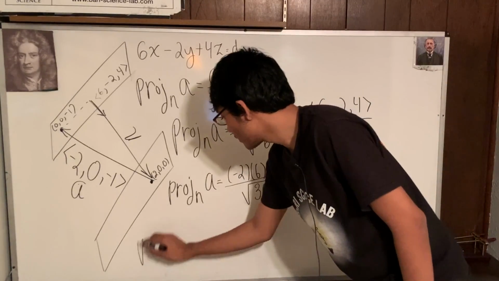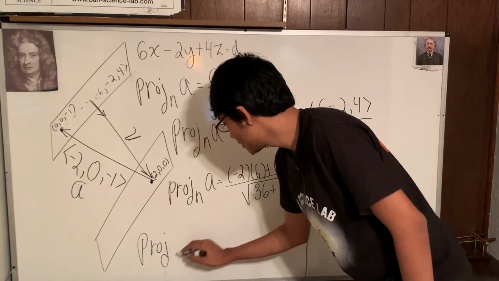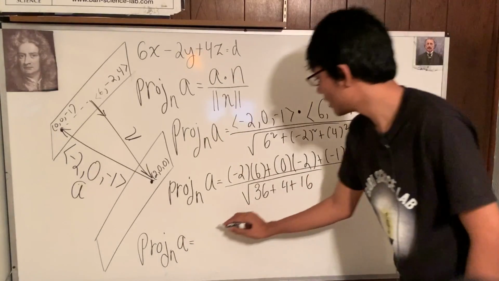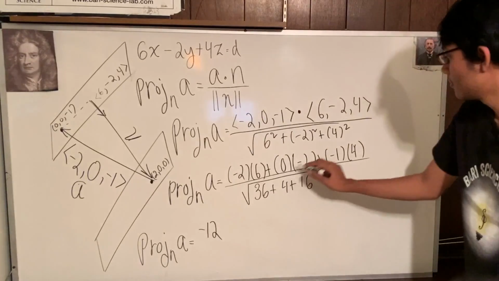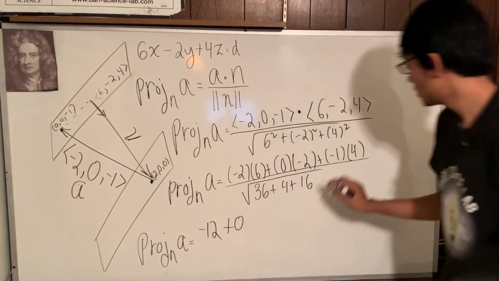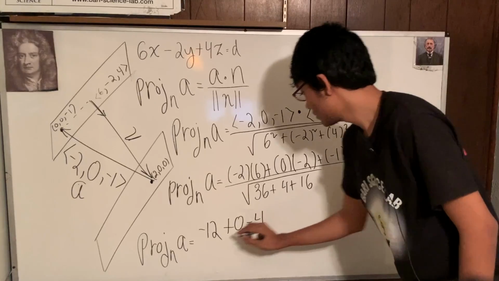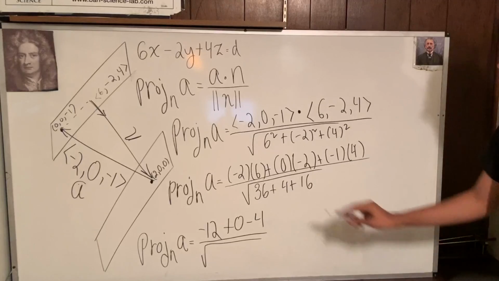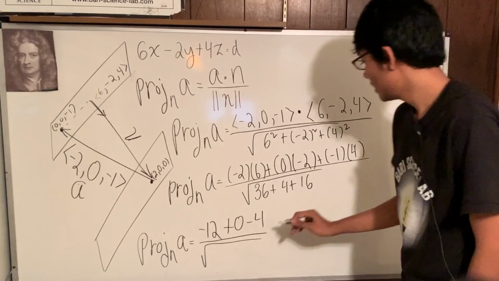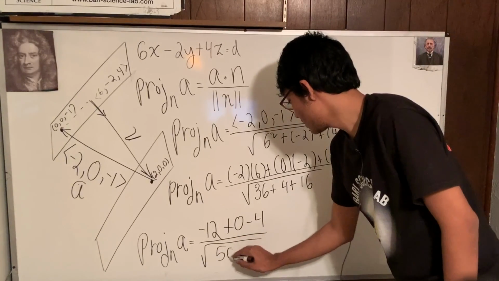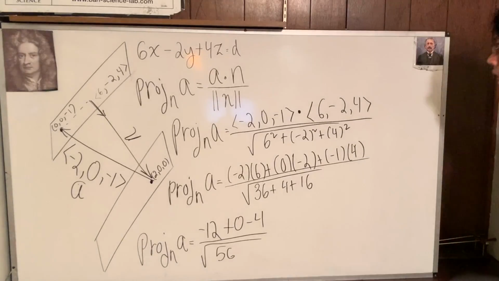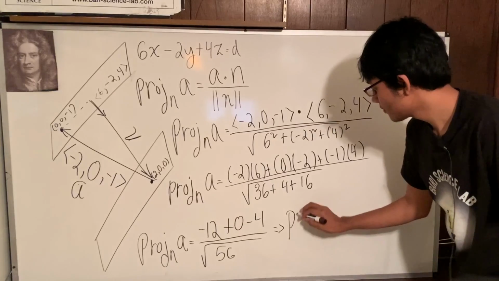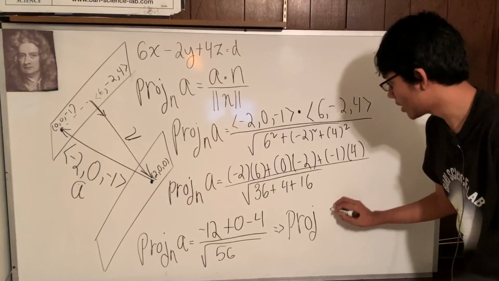And so what are we left with? The projection of A onto N is -12 plus 0 minus 4, divided by the square root of 36 plus 4 is 40, plus 16 is 56. And what we're left with is the distance between our two parallel planes.